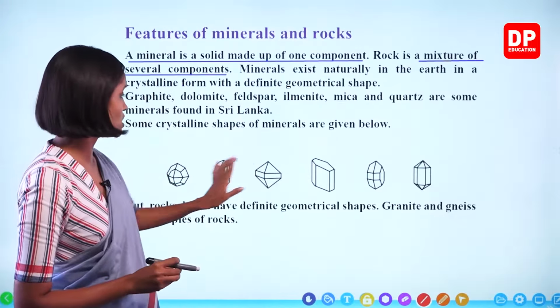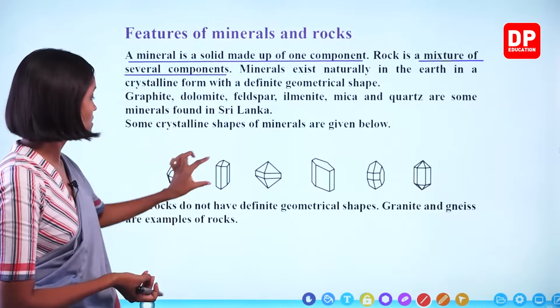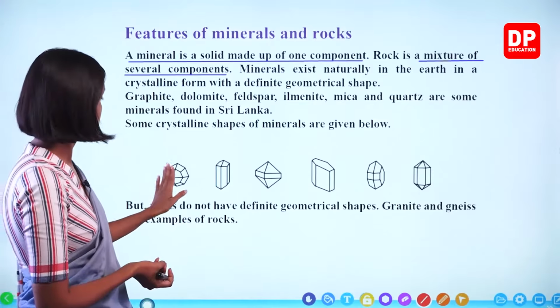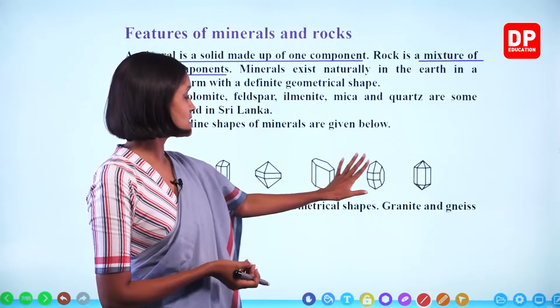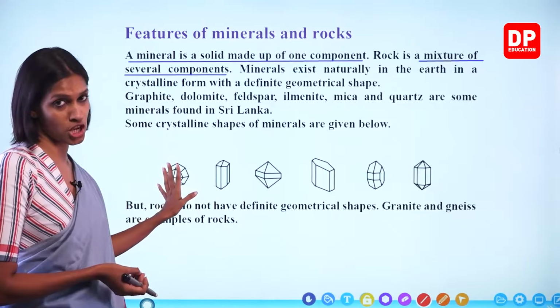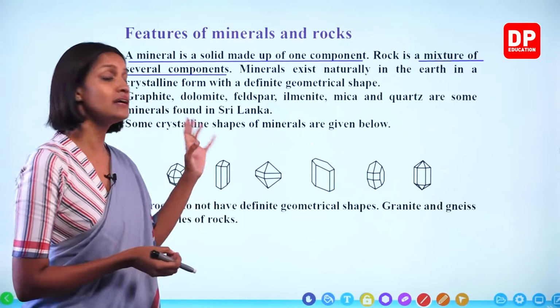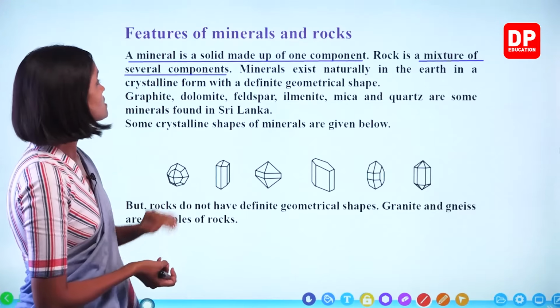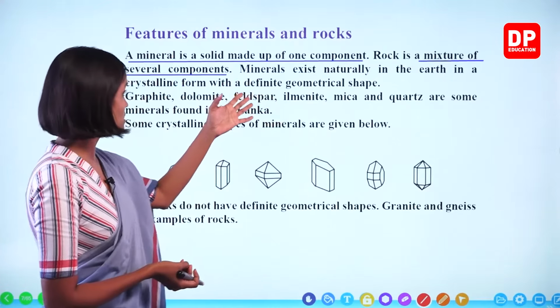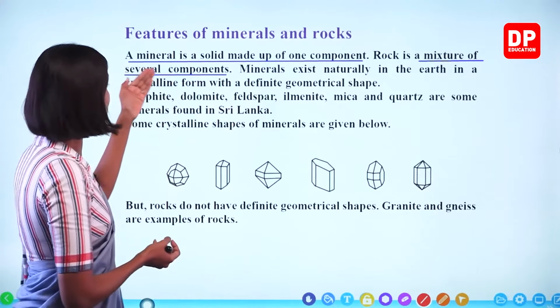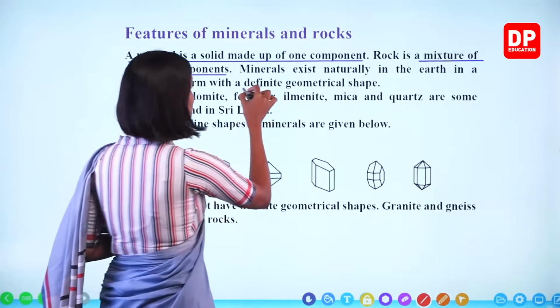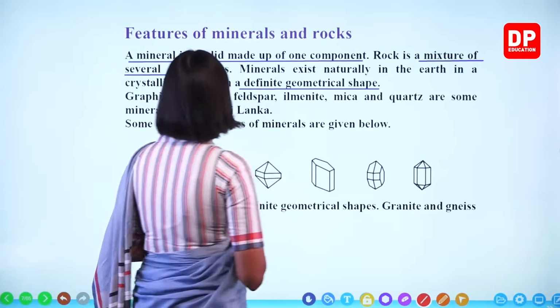Here, pyramid-like shapes are there. Okay, column-like shape is there. Okay, children, these are the examples for different geometrical shapes. So definite shapes are there for different minerals. So minerals exist naturally in the earth in a crystalline form with a definite geometrical shape.